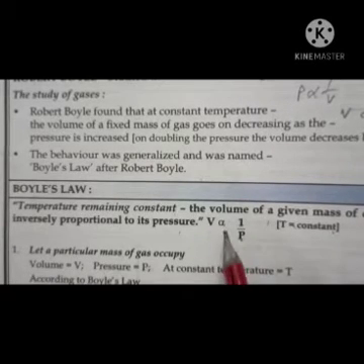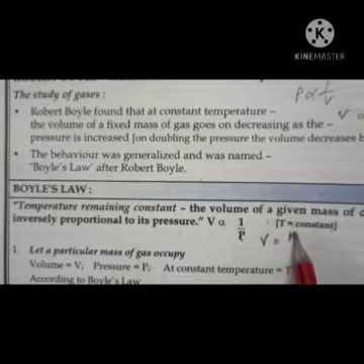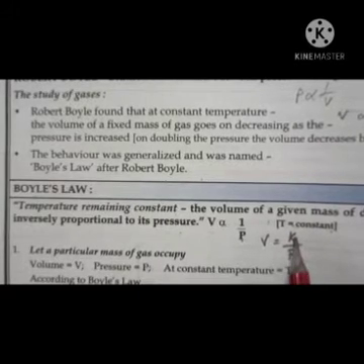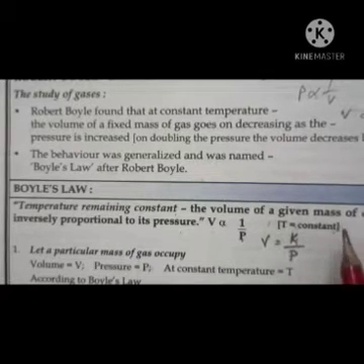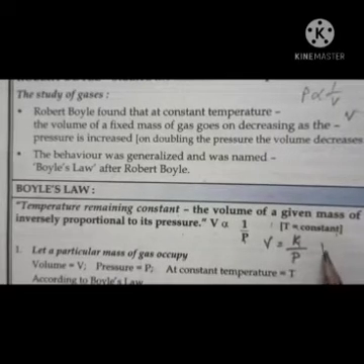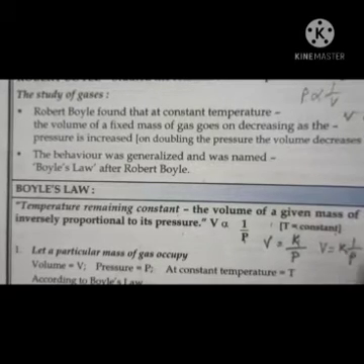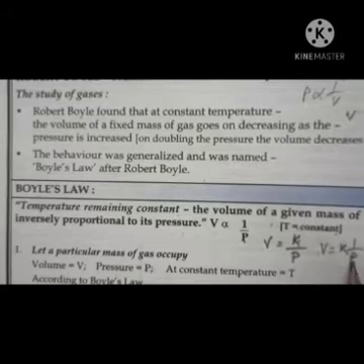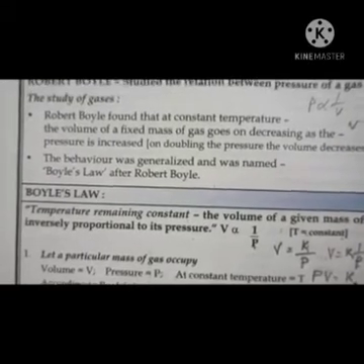If the inversely proportional sign is removed, then you can say that V is equal to K upon P, where K is a constant. Or if you combine this, PV is equal to K, where K is a constant.